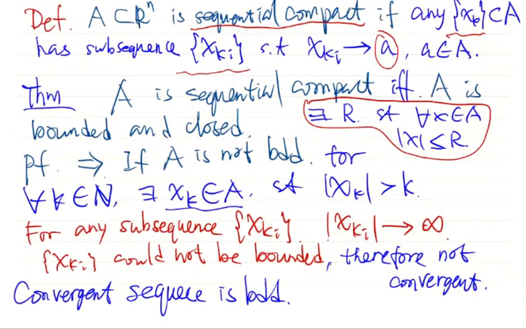We only proved that A is bounded. We also need to prove that A is closed. So for the only if part, we have proved A is bounded, because if A is not bounded, we get a contradiction. But we also need to prove that A is closed. Now we prove that A is closed.